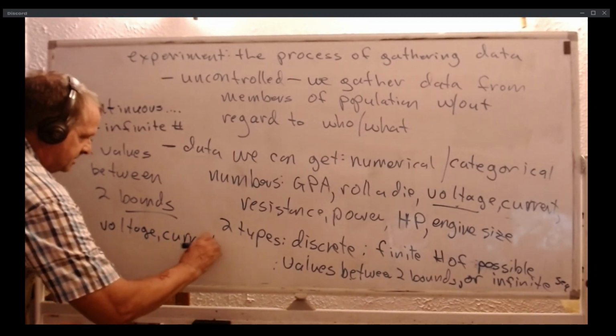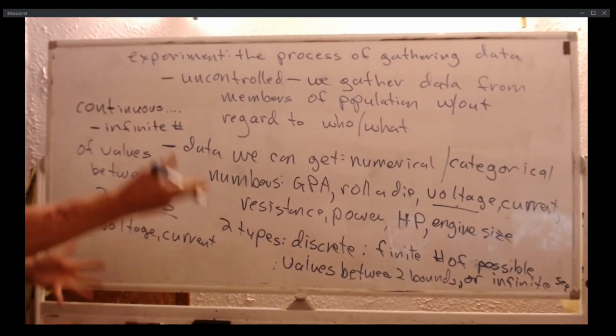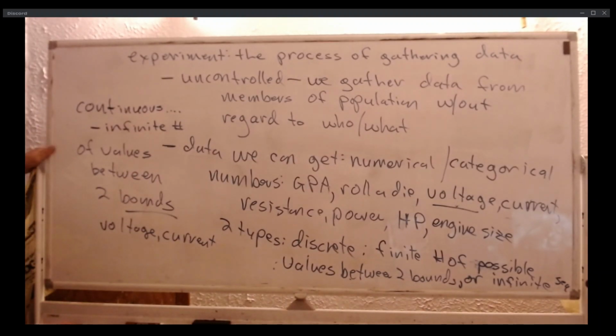Current is continuous, yes, no? If we're measuring household current that any house draws at any time, we're going to get a range of values from really low to pretty darn high. How many values are there between those two bounds? Well, there's an infinite number.